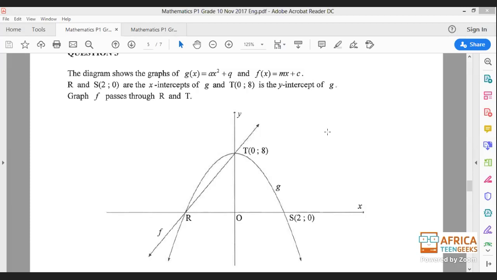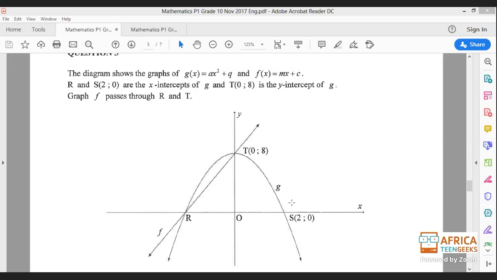Since you said that for the graph of G you can use any point that is lying on G, yes.